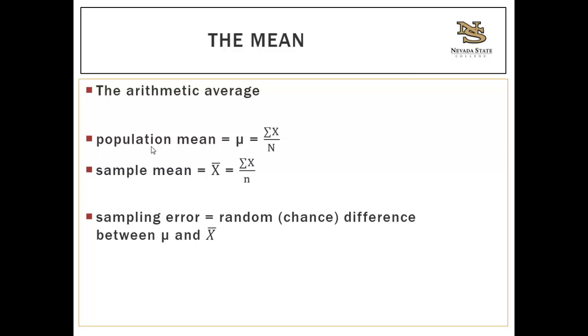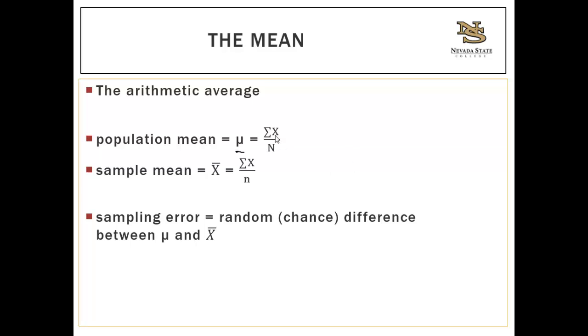So in this case, the population mean would be a parameter, the sample mean would be a statistic, and there's different notation depending on whether or not you're using a population or a sample. So if you're looking at a population, then you use this little mu symbol to symbolize the mean, and it's equal to the sum of all the scores in the data set. So you literally just add all the scores together, and then you divide it by the total number of scores in your data set.